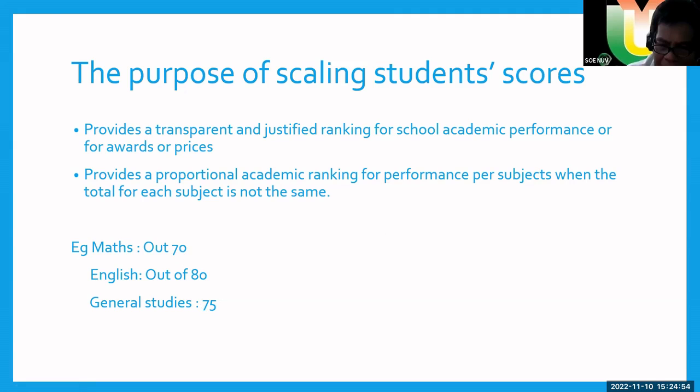So in this case, we need to do scaling of scores in order to minimize the influence of English over maths and general studies. Thus we come out with the formula for scaling.